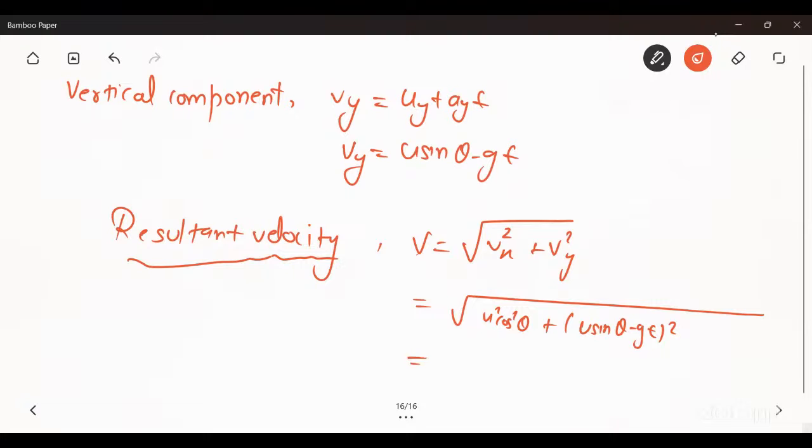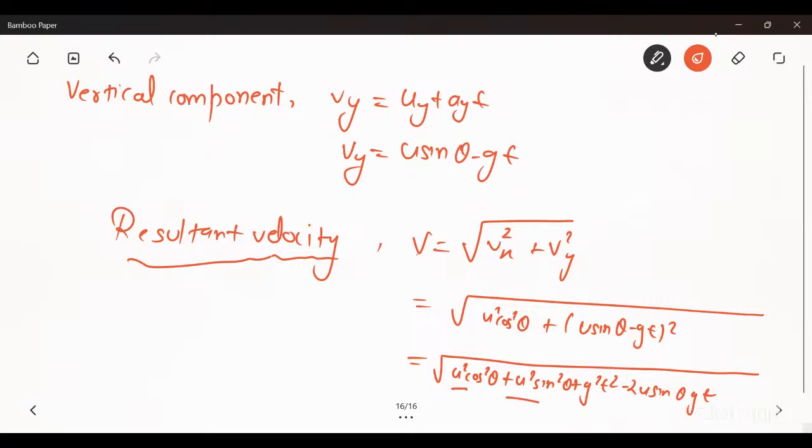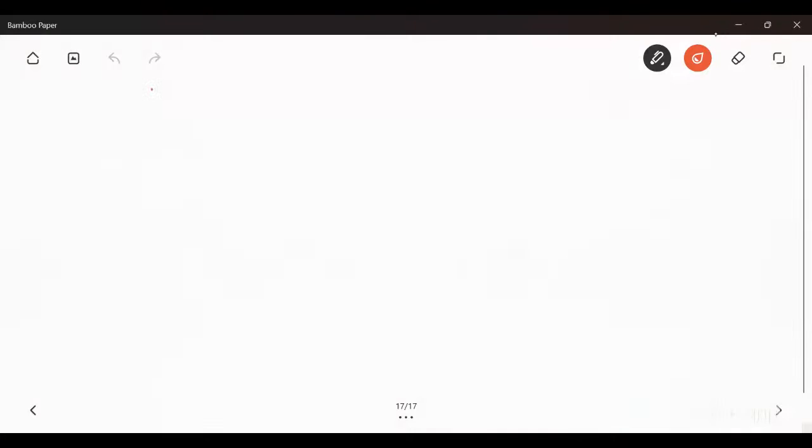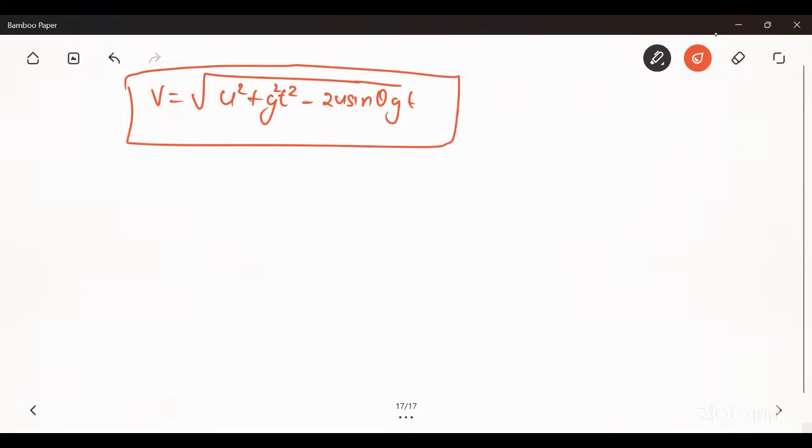On opening, you will get u square cos square theta plus u square sin square theta plus g square t square minus 2u sin theta gt. Now if you take u square common, you will get sin square theta plus cos square theta. So v is equal to under root of u square plus g square t square minus 2u sin theta gt, which will be the velocity at any instant.